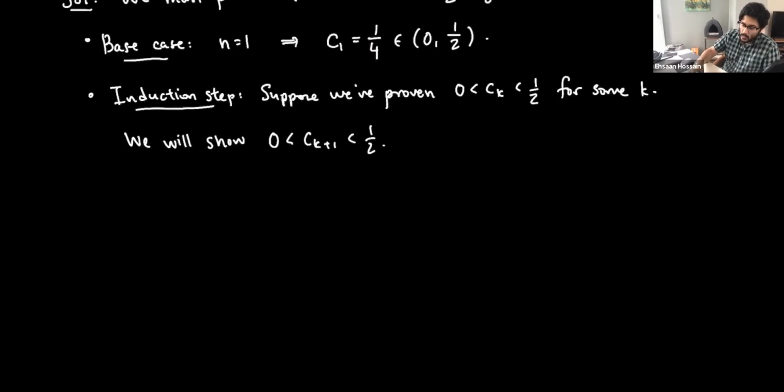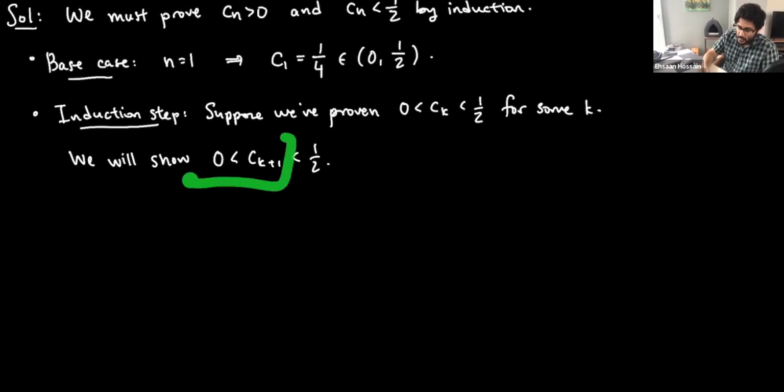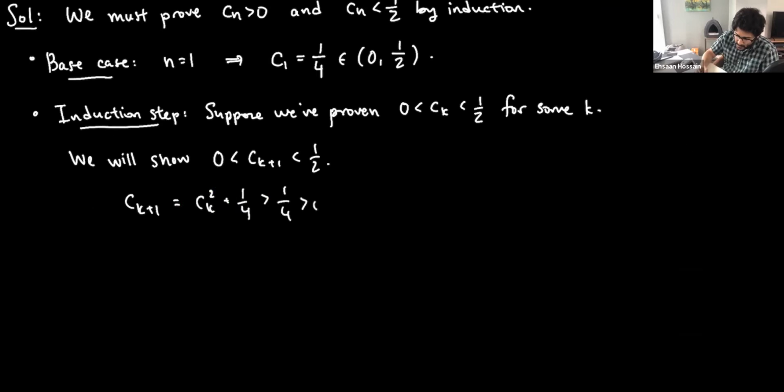To show that c of k plus 1 is positive, let's just say it like this: c of k plus 1 equals c of k squared plus a quarter, which is a square plus a quarter. So this is definitely bigger than a quarter, which is bigger than 0. So that tells me that c of k plus 1 is positive.